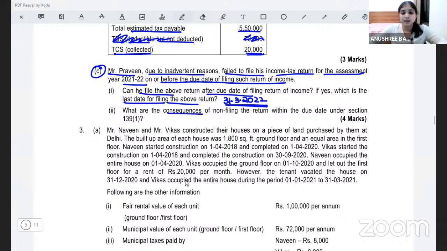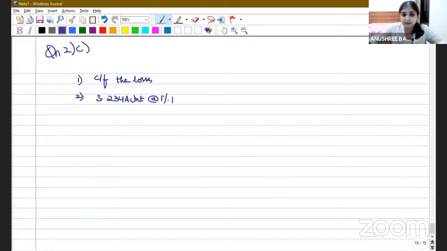What are the consequences of not filing the return within due date? When you don't file the return within the section 139(1) due date, you do have some consequences. For example, you will not be able to carry forward the losses which are incurred in the current year. Second, section 234A interest the assessee will have to pay at the rate of 1% per month.